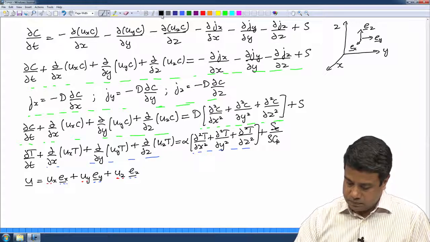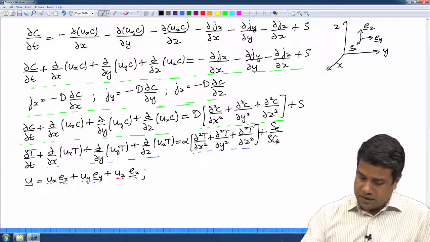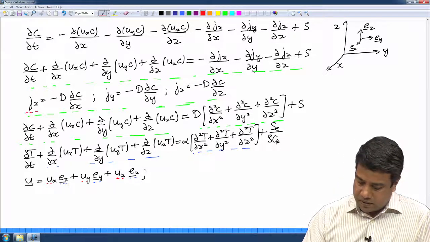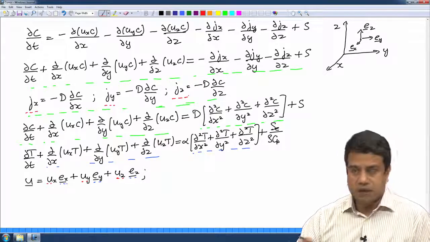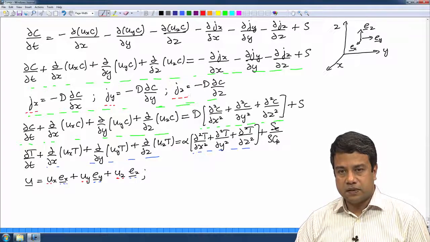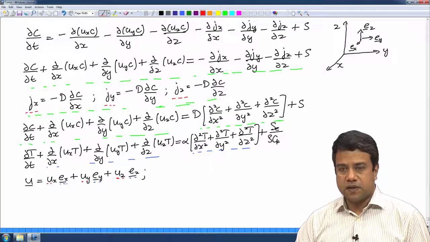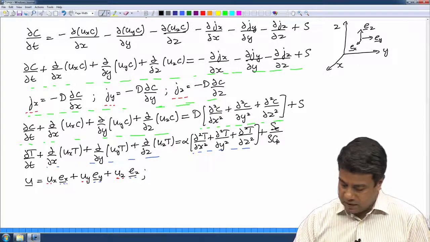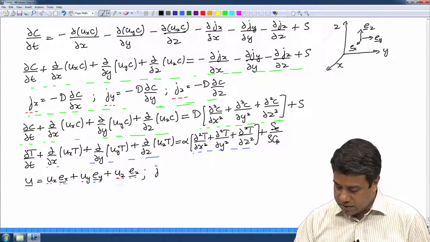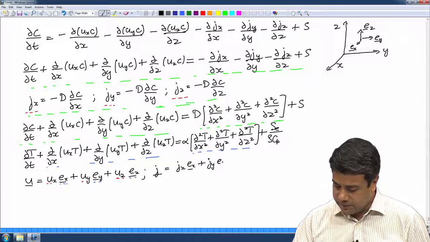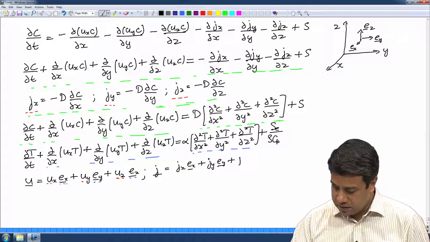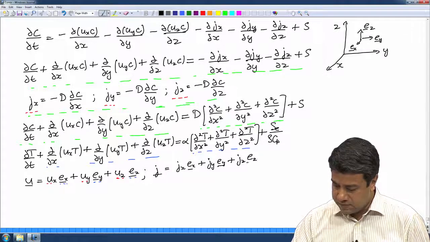Now, the flux that I had here also has 3 components. So, the flux can also be written as a vector. I can write j vector is equal to jx Ex plus jy Ey plus jz Ez.